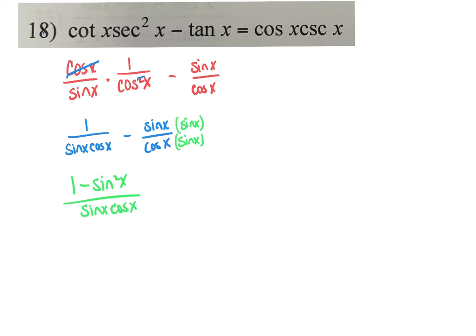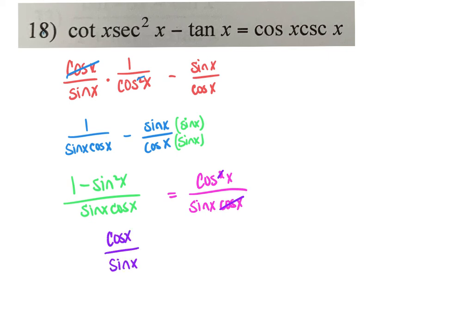That's going to make you think of, hopefully, a Pythagorean identity. What is 1 minus sine squared of x? Cosine squared of x. That's a Pythagorean identity that you must have memorized. Cosine squared of x over sine of x cosine of x. One of those cosines can cancel. You end up with cosine of x over sine of x.